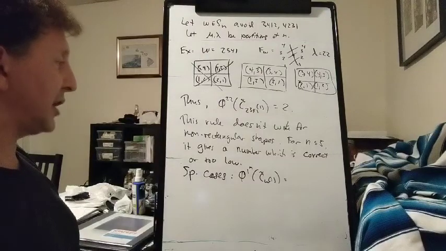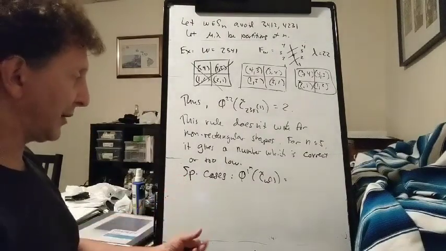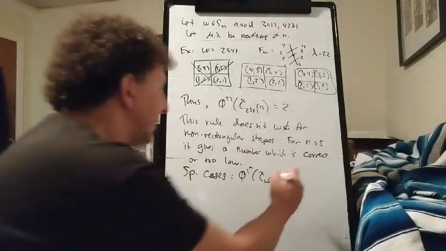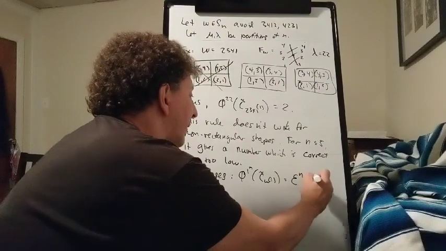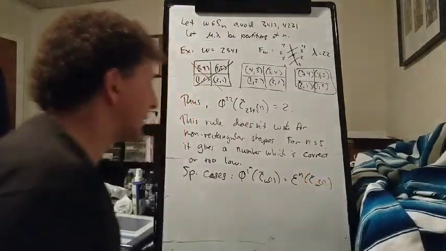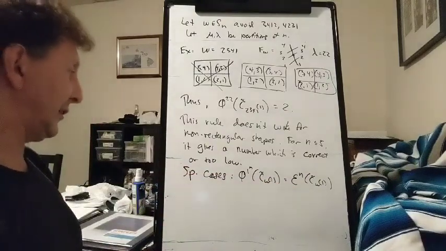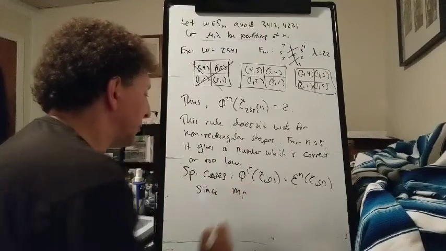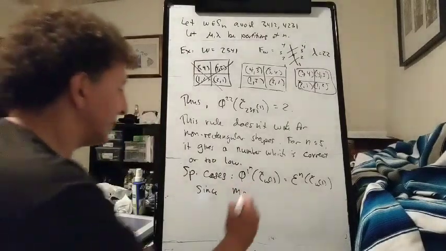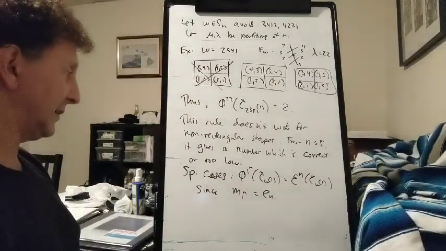So if that rectangular shape is a tall, skinny rectangle that is only one box wide and n boxes high, then that monomial trace is just the induced sign character, since the monomial symmetric function m sub 1^n equals the elementary symmetric function e_n.